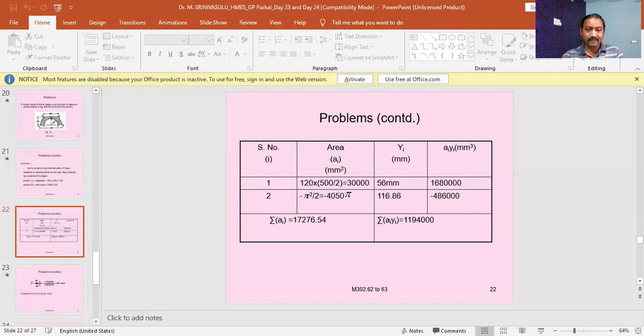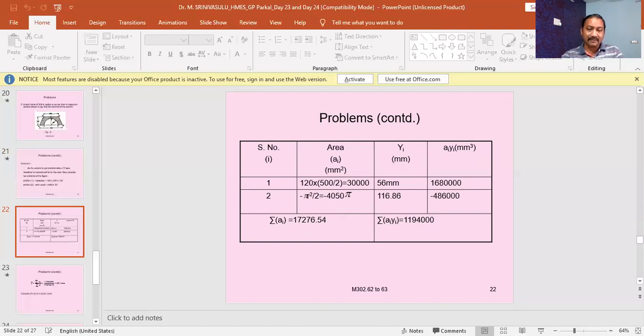Now we have found the sigma a, that is the algebraic sum of the areas. From 3000 we have to subtract this area, then the remaining area is 17276.54 square millimeters.